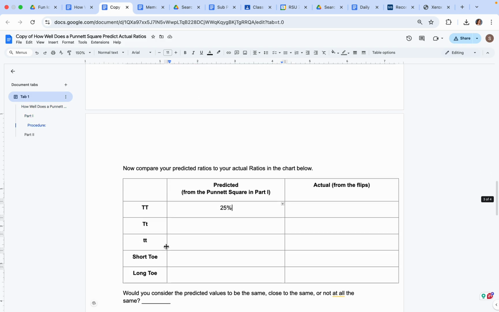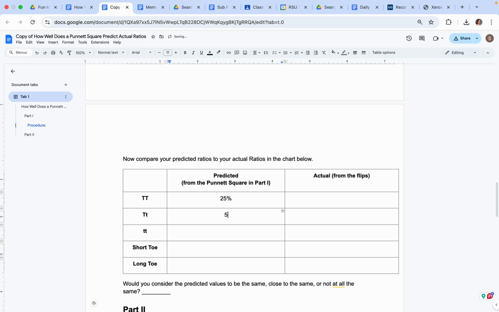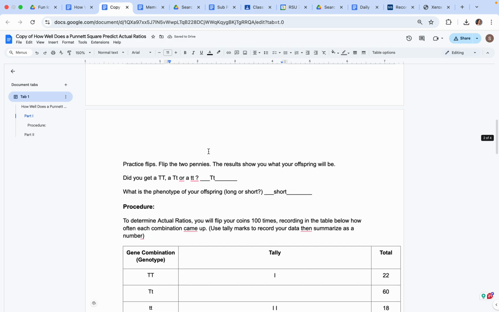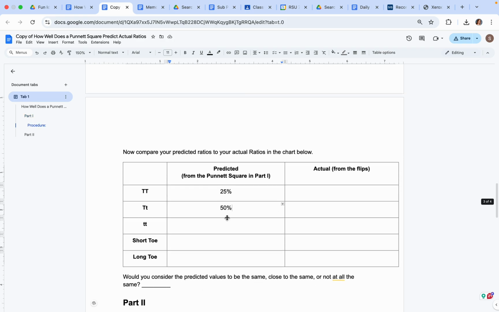So I'm going to go down here. 2 out of 4 would be 50%. And little t was the bottom right. So that's 1/4, so that would be 25%. Obviously my numbers here should add up to 100 because it's the genotype totals. Okay, 25 plus 50 plus 25 is 100. So I did well there.